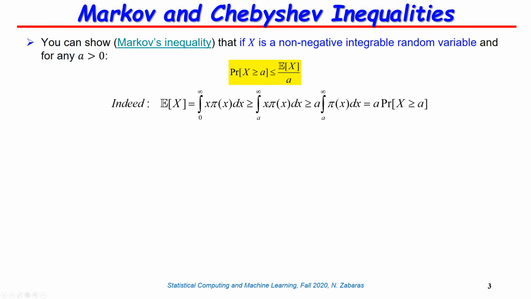And because the x inside the integral is always greater than a, I can write this integral as being greater or equal to a times the integral of pi of x dx from a to infinity. And you remember the integral of pi of x dx from a to infinity is nothing else but the probability of x being greater or equal to a, and that leads to the first equation, which is known as the Markov inequality.